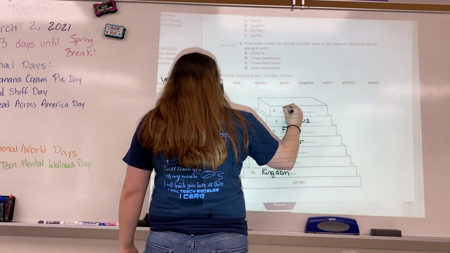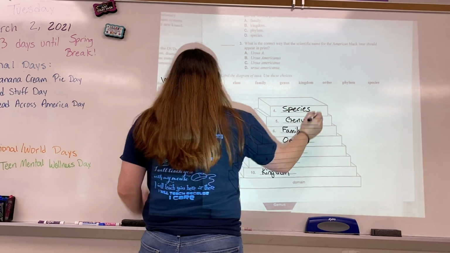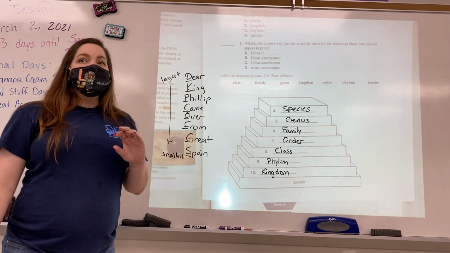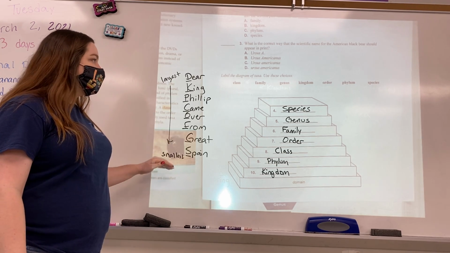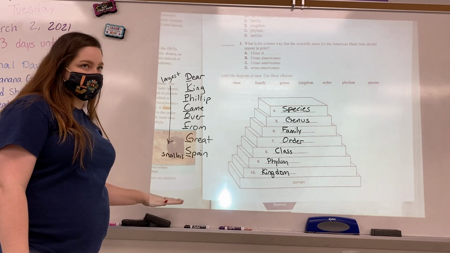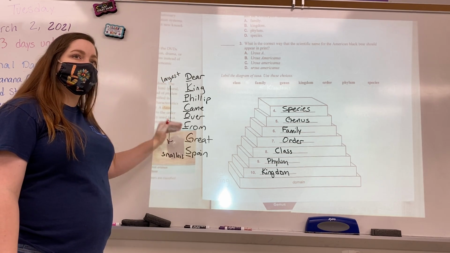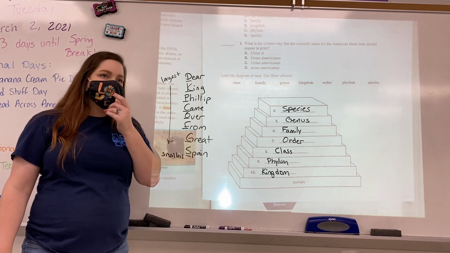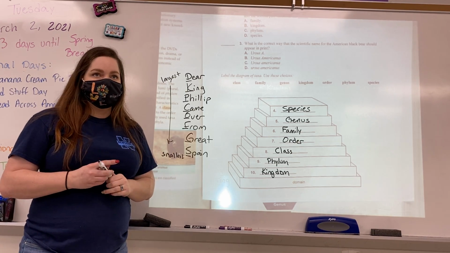Species. So this is the acronym. You don't have to use this one, but I suggest you find an acronym that you like that will help you memorize the levels of classification from largest to smallest, because you need to know them in order. So, dear King Philip came over from Great Spain, whatever one you want to use. Okay?